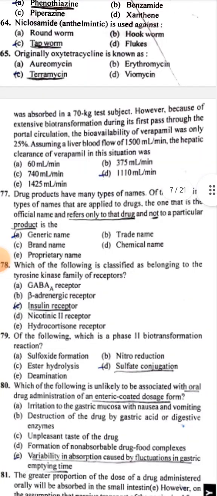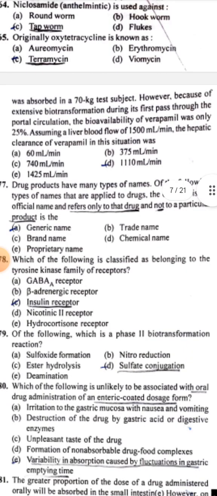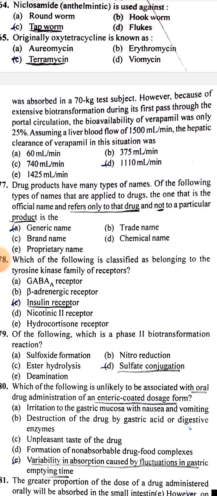However, because of extensive biotransformation during its first pass through the portal circulation, the bioavailability of verapamil was only 25%. Assuming a liver blood flow of 1500 ml per minute, the hepatic clearance of verapamil in this situation was 1110 ml per minute.